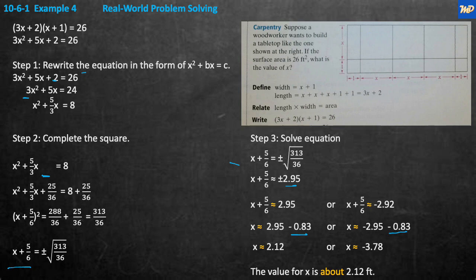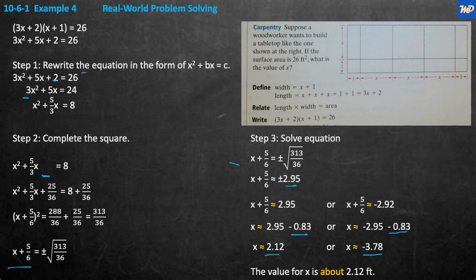And when we do that, we're going to get x is approximately equal to 2.95 minus 0.83, which is x equals 2.12, or we're going to get x is approximately equal to minus 2.95, because it's plus and minus, right? Minus 0.83, which is going to be minus 3.78.